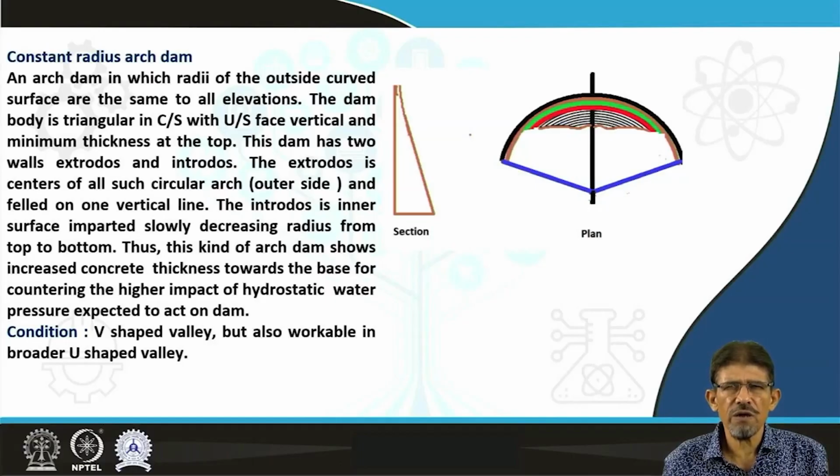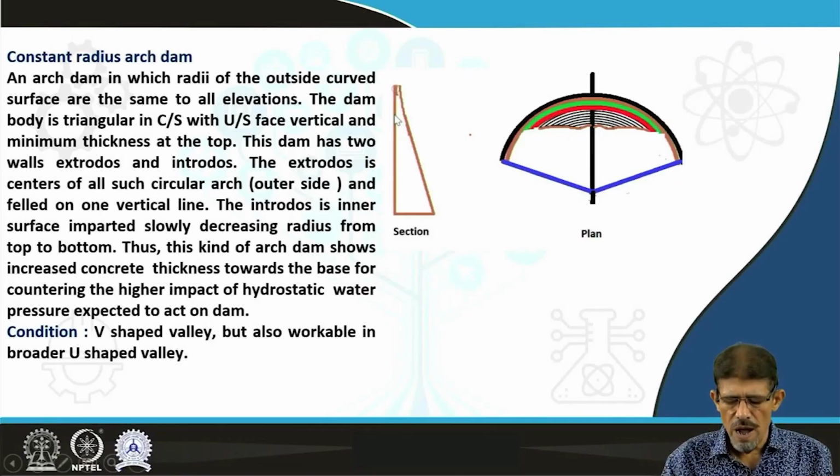As far as constant radius arch dam is concerned, it is a dam in which the radii of the outer side curve, which is known as extrados, and the inner side, which is known as intrados wall, differ. The extrados side has constant radii, however the intrados side has variable radii.